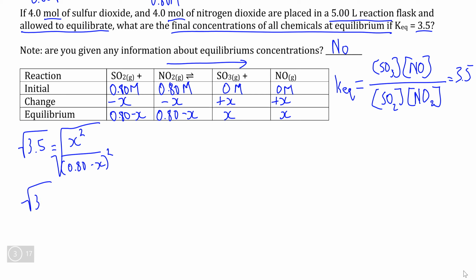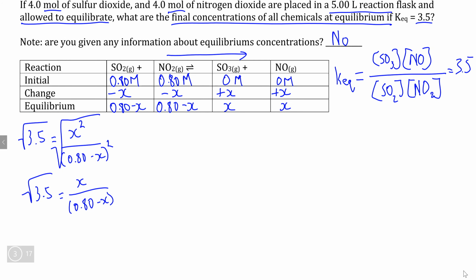So that would mean that the root of our KEQ constant, 3.5, is equal to X over 0.80 minus X. In order to solve for X, we need to isolate X, which means that we're going to take our denominator and multiply it by the root of 3.5.